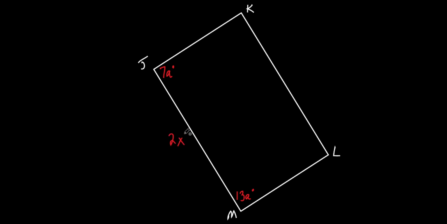So this is 2x. This is x. This is 2y plus 1. Oh, one more thing. 5y minus 2. All right, there it is.